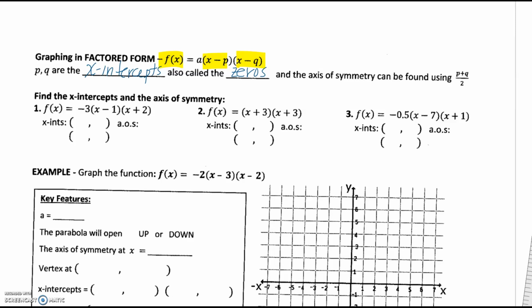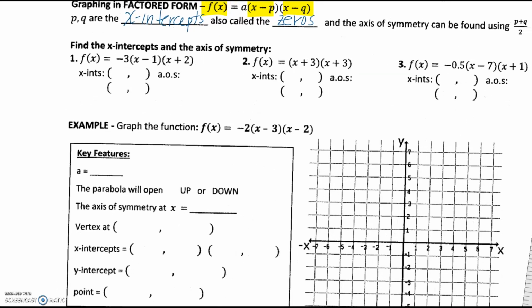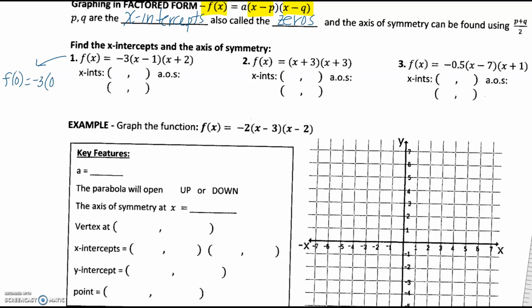When you're finding the x-intercept, you are actually setting this equal to 0 and solving. So I'm going to show you number 1 by what I'm talking about when I say it, but then we're just going to use the easier method after that.